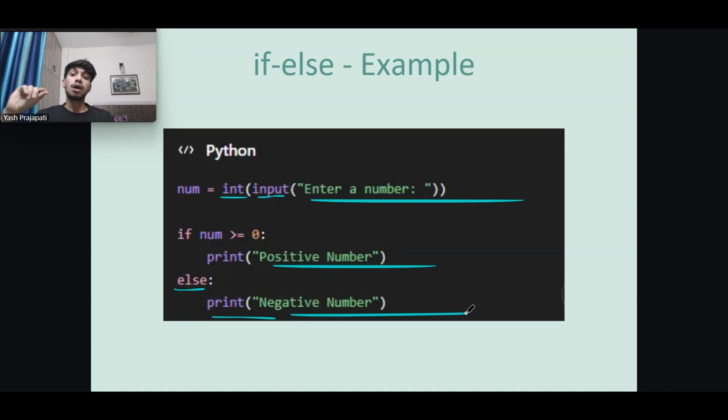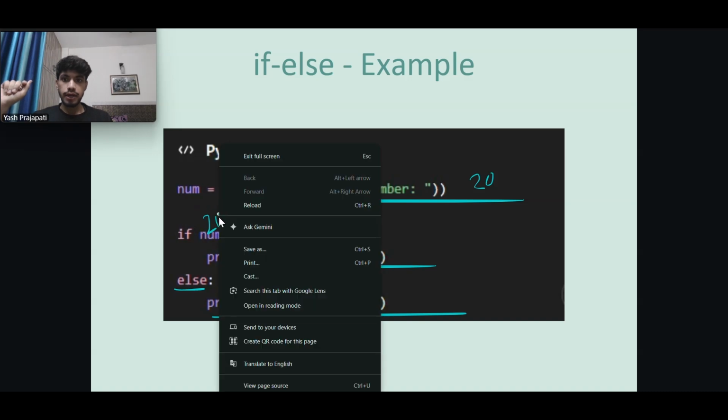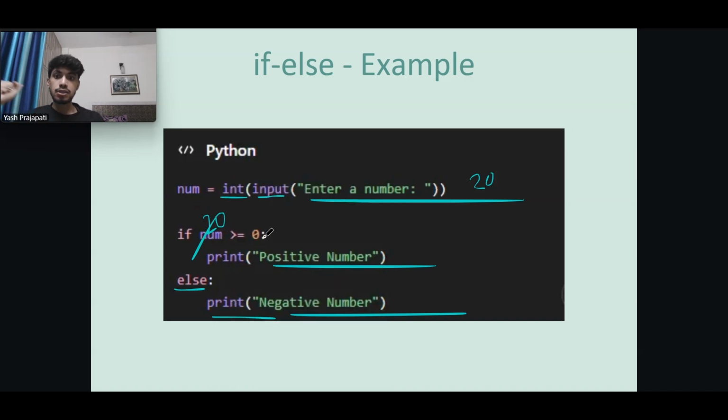So this question says, let's take the input as 20 from our side, the user is entering the number 20, so it will check the condition: is 20 greater than or equal to 0? It is true. The if statement is true, so what will be the output?